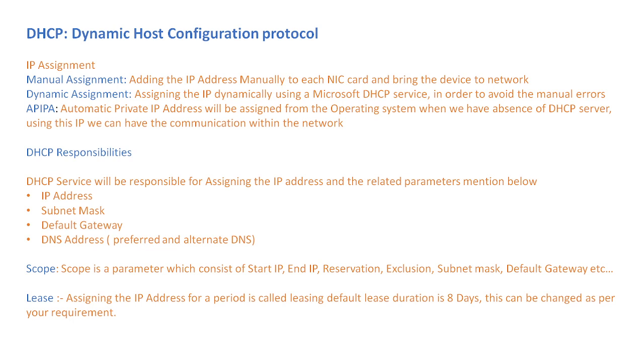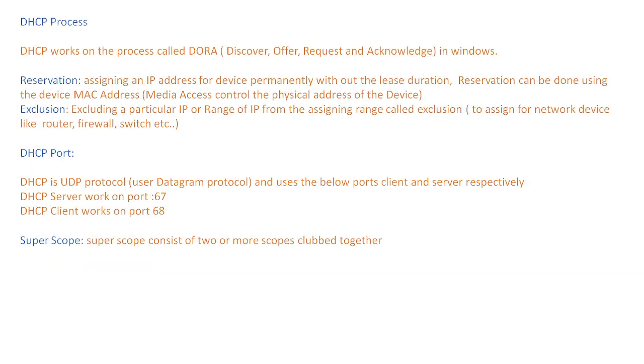By default, DHCP assigns the IP address for 8 days. You can change that later for however much time you want. You can even set it for seconds, hours or days. That's about the lease option.